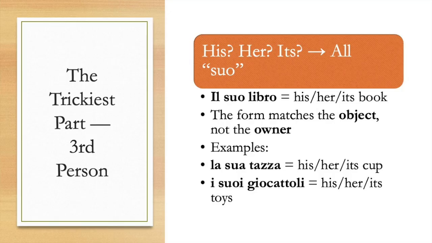Sua goes with tazza because tazza is feminine and singular. So you say la sua tazza. And suoi goes with giocattoli because giocattoli is plural and masculine. So regardless of who owns them.